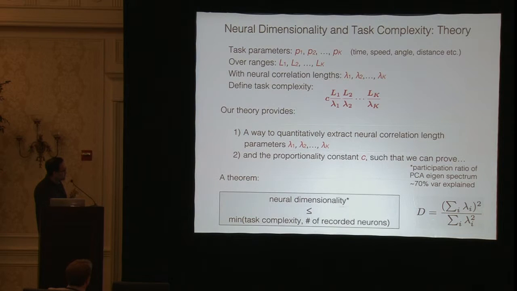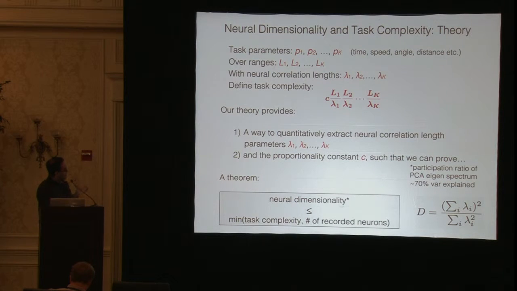This participation ratio is a continuous function of the spectrum that is 1 if one eigenvalue is large and all the other eigenvalues are infinitesimal, and is n if all the eigenvalues are the same. And for a wide variety of spectra, it corresponds to about 70% of variance explained in the data.